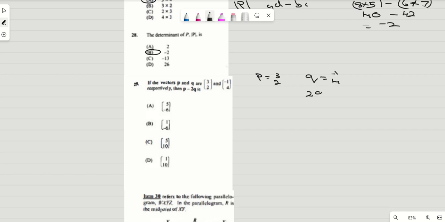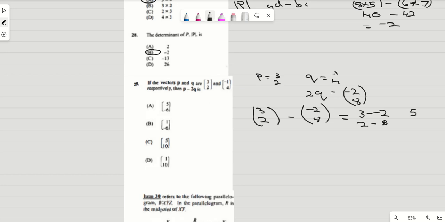For 2Q, it would be 2 by minus 1 is minus 2, and 2 by 4 is 8, right? So we know it is 3, 2, minus 2, 8. So this is 3 minus minus 2 and 2 minus 8. This is 5 over minus 6. Right, that would be A would be your answer.